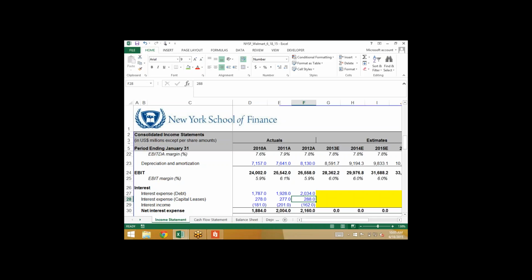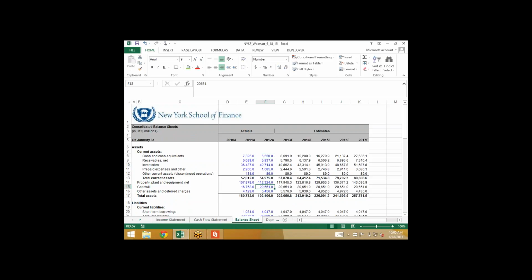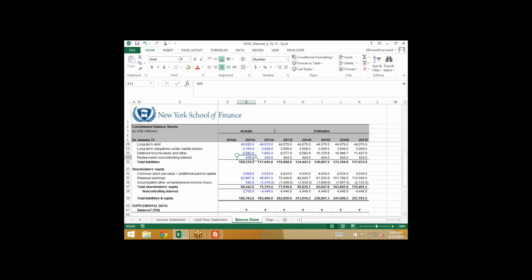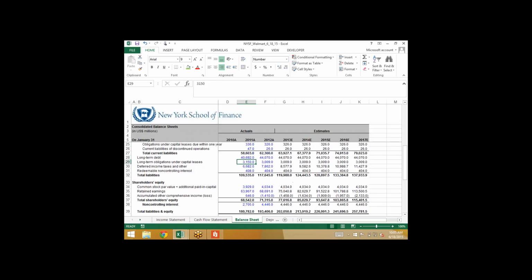So I'm going to take the 288 divided by the average of the 2011 and 2012 capital lease obligations, being careful to add the long-term and short-term, because it's the percentage on all the obligations.